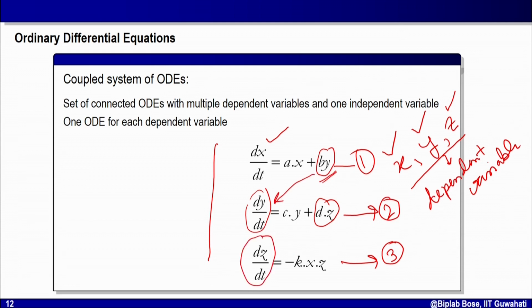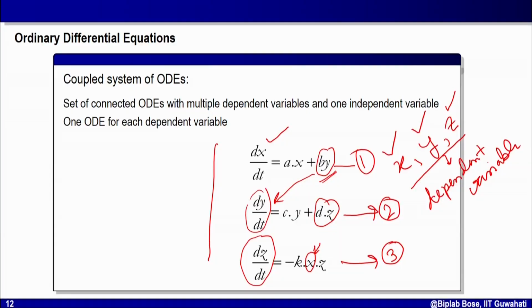Whereas dz dt also has x, that means I have to know about x to know dz dt. So x, y and z are changing with time and their values depend upon each other. This type of system or set of ODE is called a coupled system of ODEs. In most of the biological problems that we will deal with, we will have coupled systems of ODE.